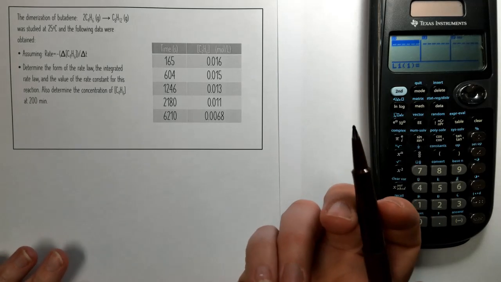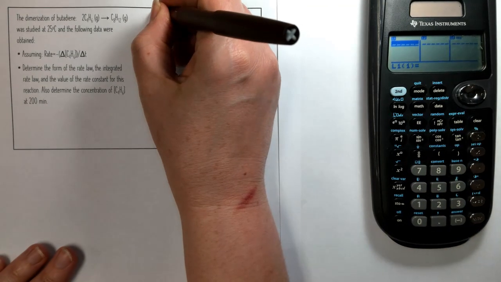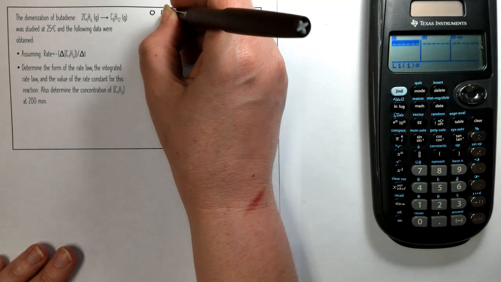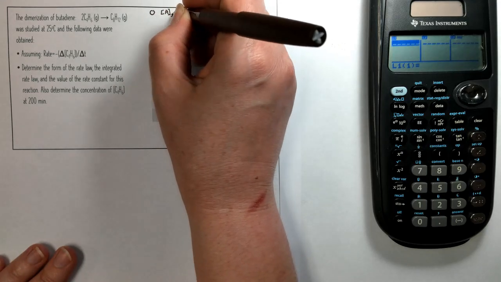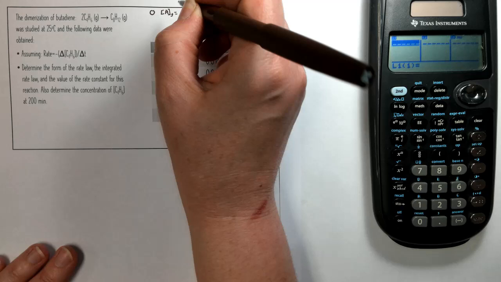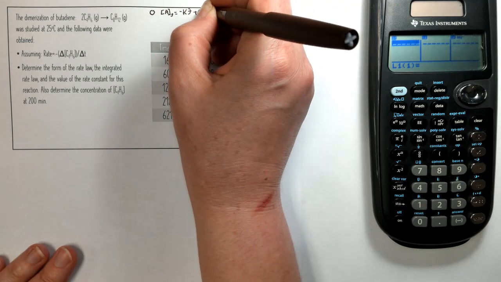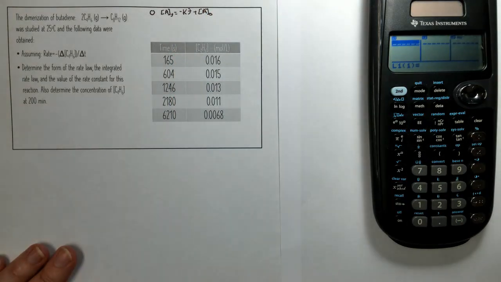There are three different forms of the integrated rate law. The first is the zero order integrated rate law, which says that the concentration of our analyte at time t is equal to negative kt plus the concentration of A at time 0.